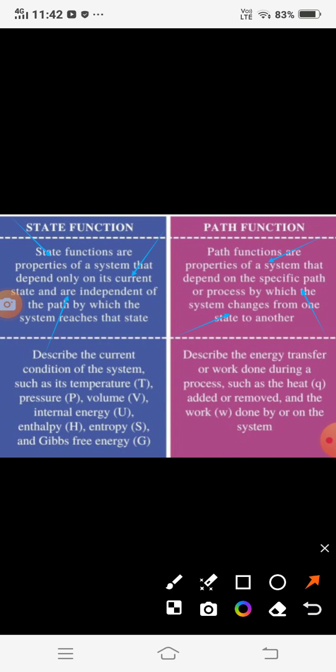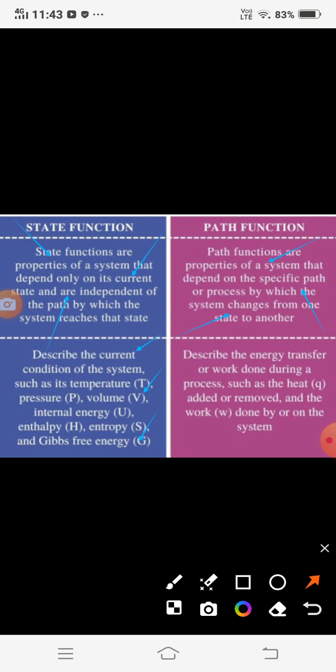Examples of state functions describe the present condition of the system, such as temperature, pressure, volume, internal energy, enthalpy, entropy and Gibbs free energy. All of these are state functions.